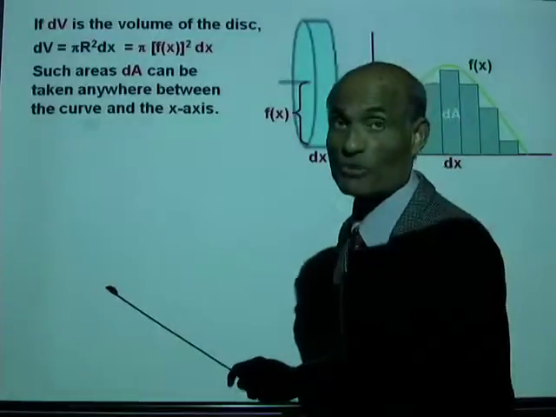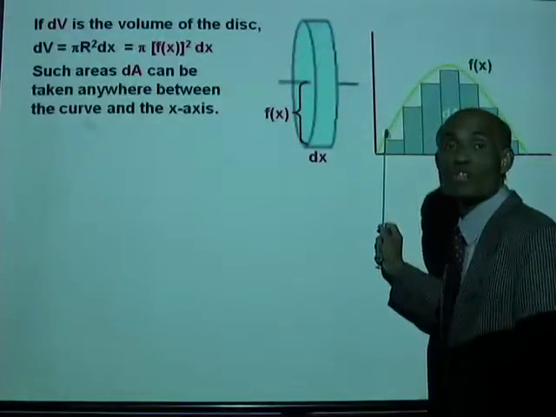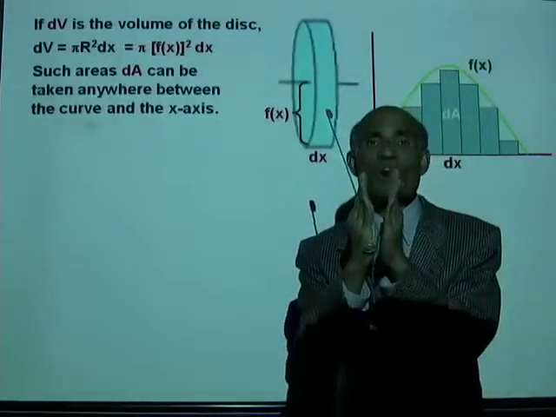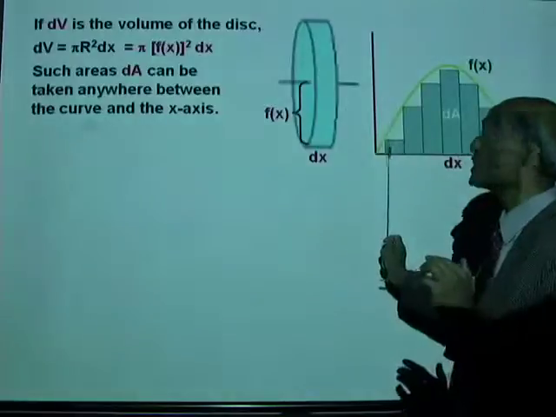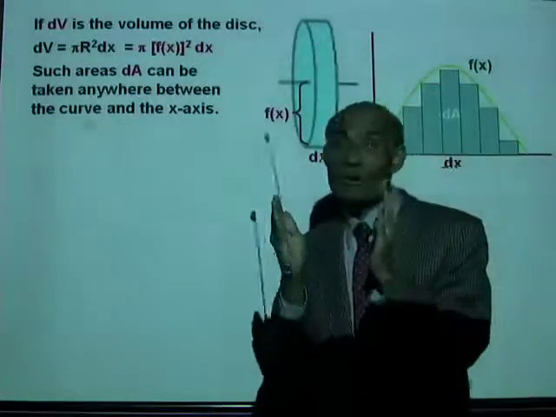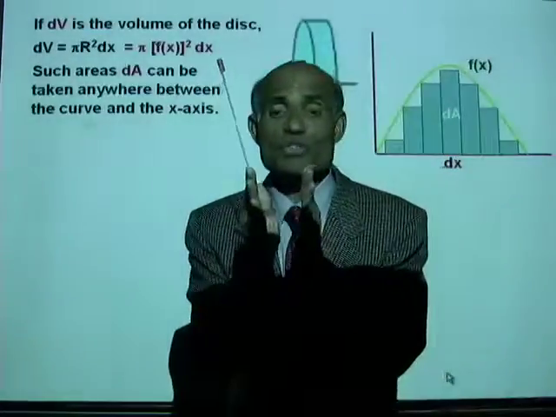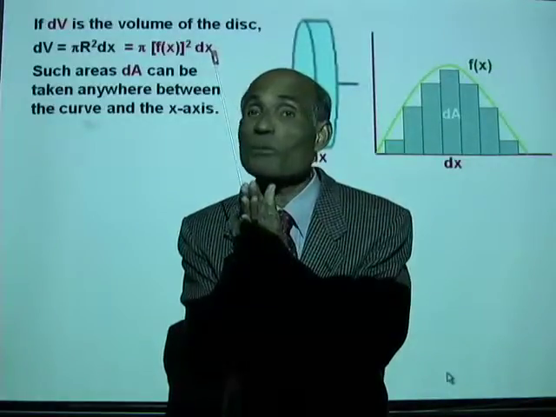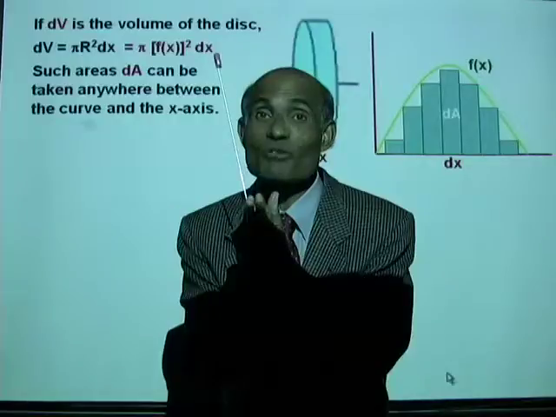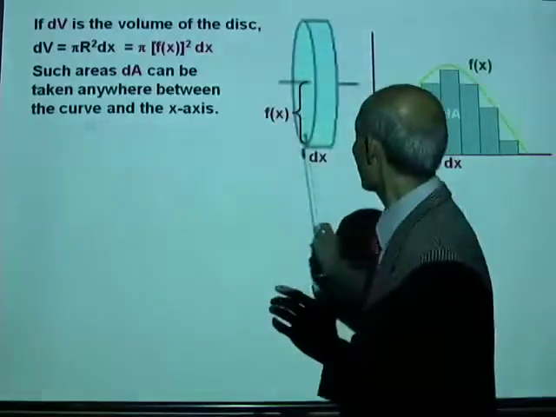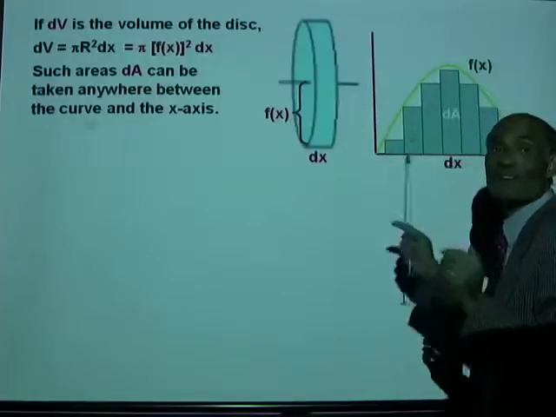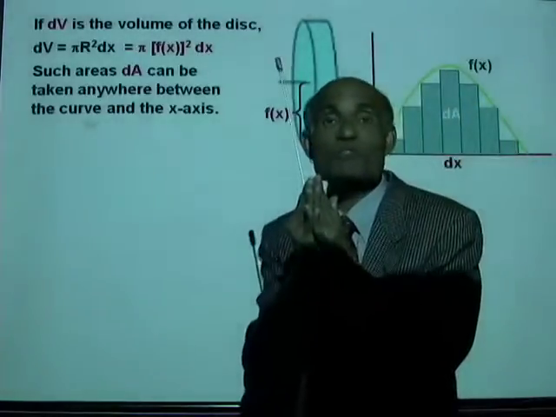Well, it looks like we are wasting a lot of space because I drew the width of the dA to be considerably large. Now, remember, in calculus, the width, that dx, is very small, probably even smaller than the width of a hair. So, there are thousands of these strips, each having a very small thickness.